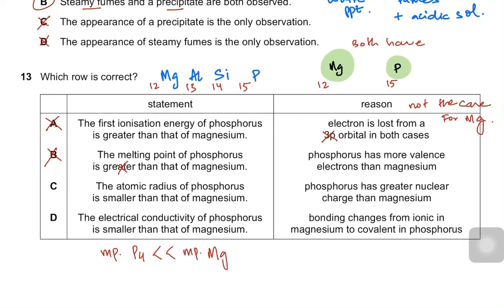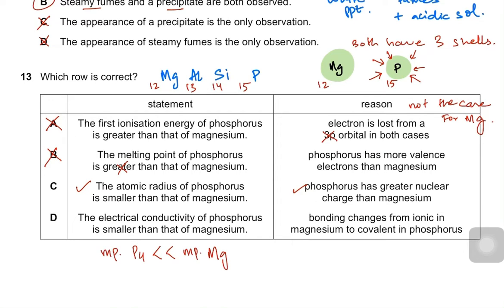But with more protons, phosphorus pulls the electrons towards itself. The nucleus of phosphorus has more protons, so it's going to pull the electrons towards itself. So the overall atom becomes smaller because all the electrons are pulled towards the center. That is not what happens in magnesium. So magnesium is bigger, phosphorus is smaller. And that is correct. Phosphorus has greater nuclear charge.